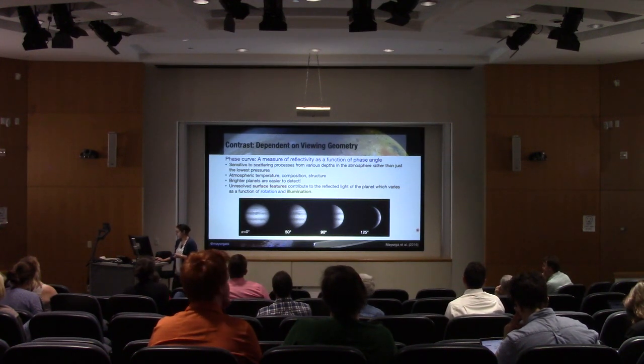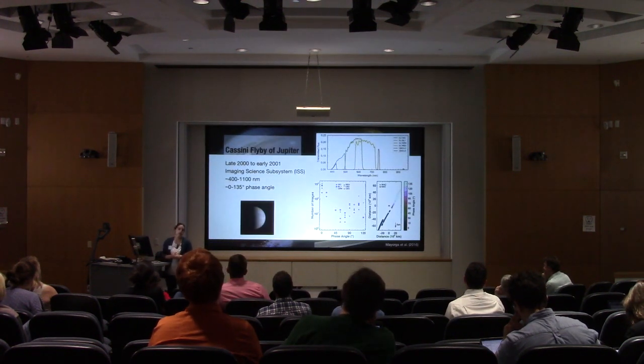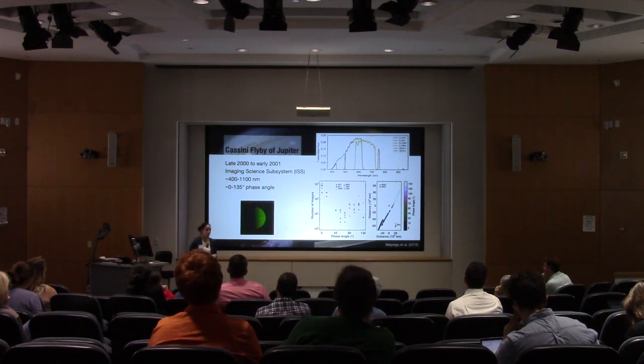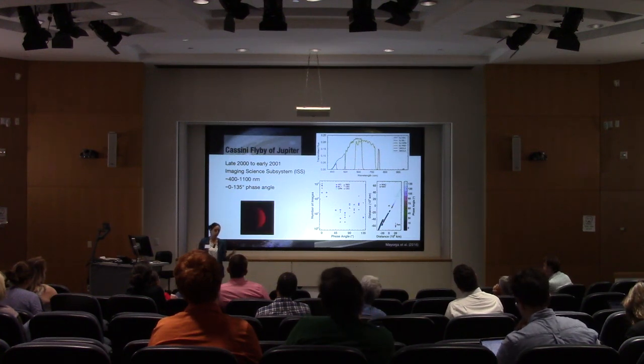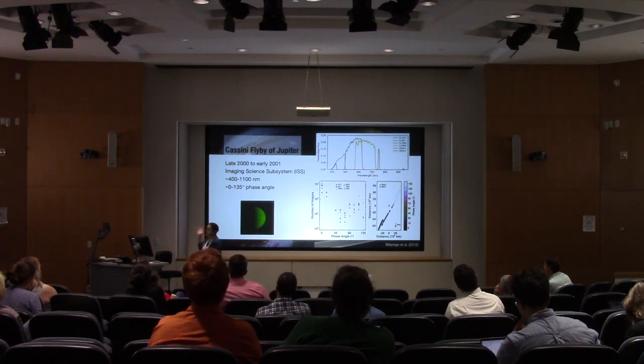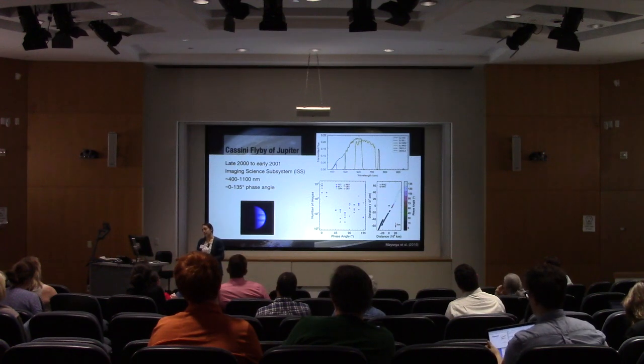So luckily for us, and what this image here at the bottom shows, is data from the Cassini flyby of Jupiter. Cassini did a flyby of Jupiter on its way to Saturn in late 2000, early 2001, and the data I'm using here is from the Imaging Science Subsystem. This was 2 cameras, a wide-angle camera and a narrow-angle camera that had about 18 to 24 filters between them, and I'm just going to show you results from 6 of those filters to sort of maximize what phase coverage I was able to get.